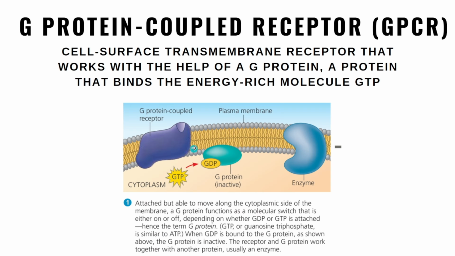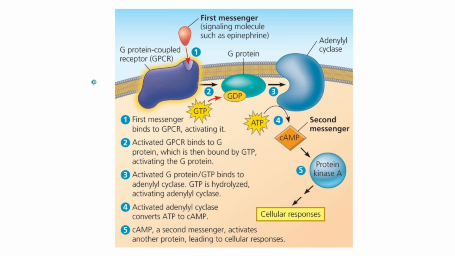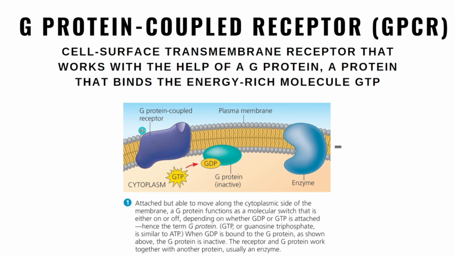First of all, the non-steroid hormone acts as the first messenger. This first messenger binds to the GPCR, G protein coupled receptor, on the plasma membrane of the cell. After that, this GPCR is activated. Okay, what happened to this GPCR?